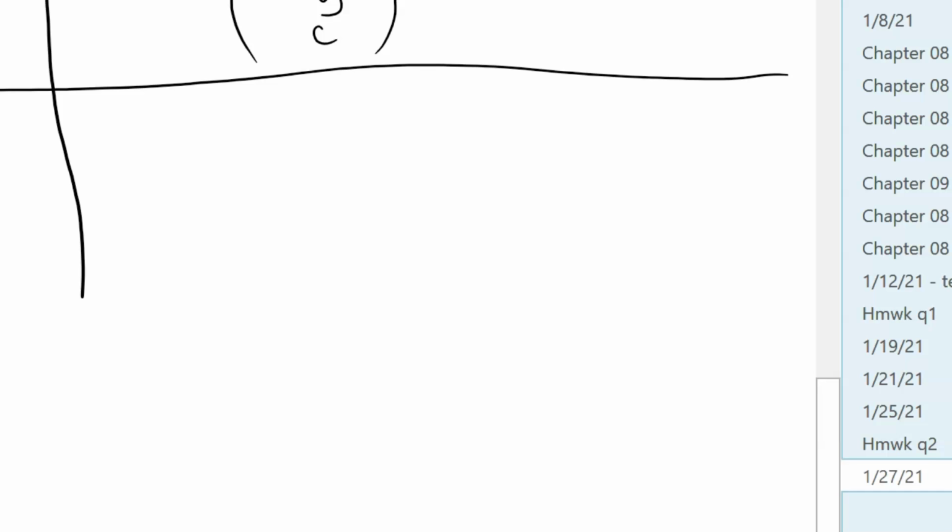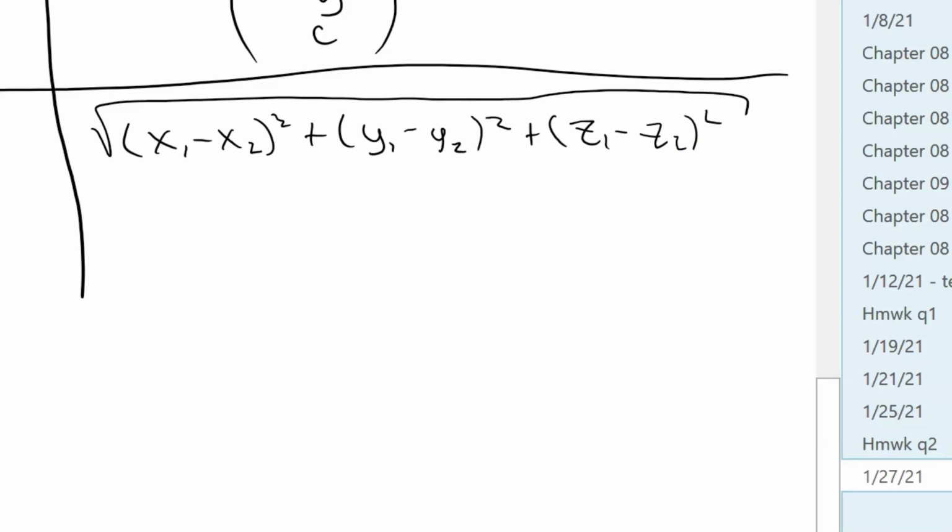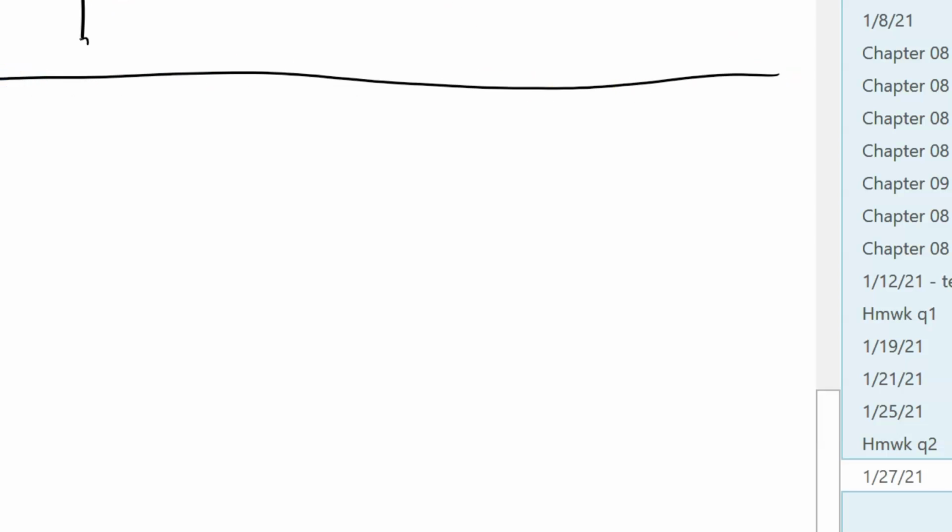So the magnitude... the head minus tail rule is still the same. So that's just how to take, again, a vector into component form.